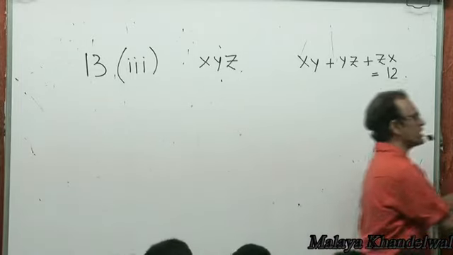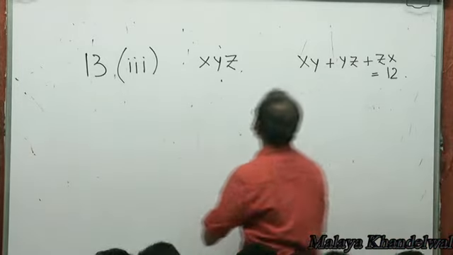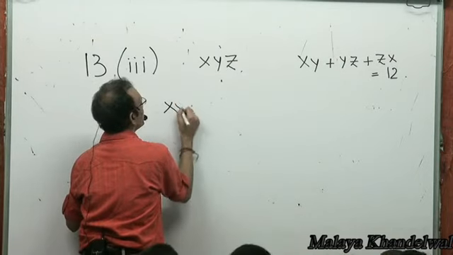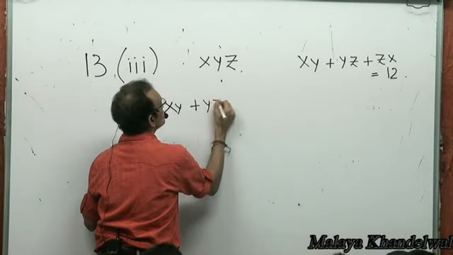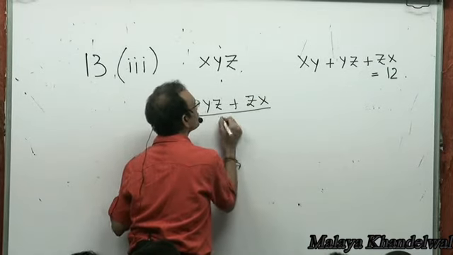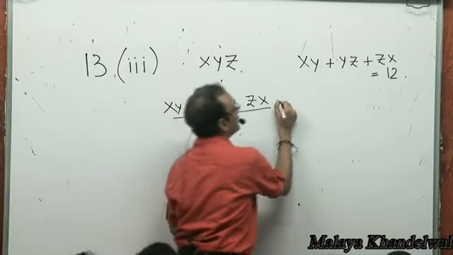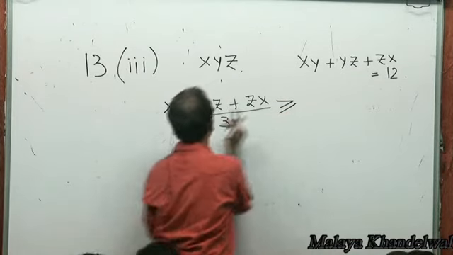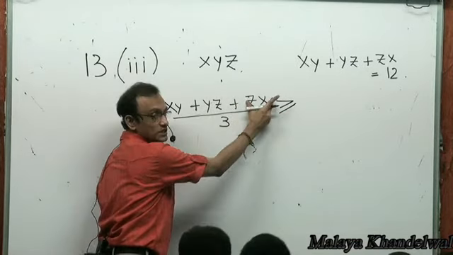Absolutely, straight AM-GM. See, (xy plus yz plus zx) by 3 is the arithmetic mean of three numbers, and they are positive numbers, right? This is one number, this is another number, this is the third number.